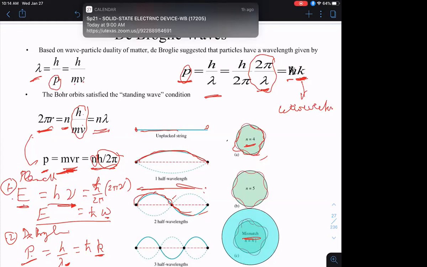Now, we'll also determine relationships between energy and momentum. Those will depend on the type of particle that we are talking about. So when we talk about electrons, the energy will depend on momentum as half mv squared, or momentum squared over 2m. That's for electrons or other particles.